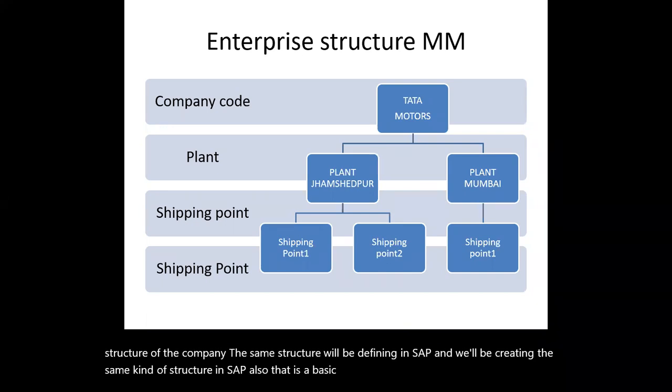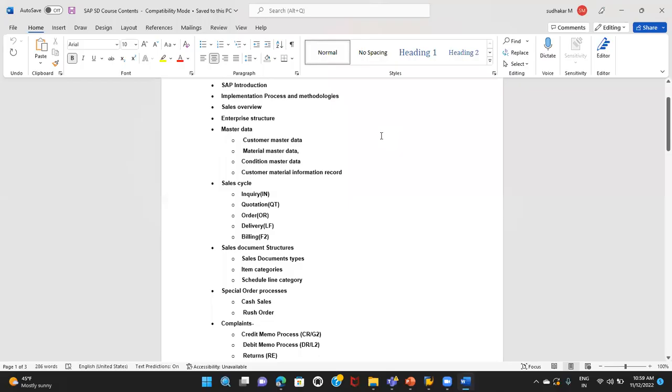Whenever we are doing an implementation, we'll be getting these details from the client. They'll give all the details: we have a head office in Mumbai, a branch office in Delhi, and operations across 4 or 5 countries. So they'll be dealing with different currencies. They have plants in Mumbai, Pune, Jamshedpur, and Chennai.